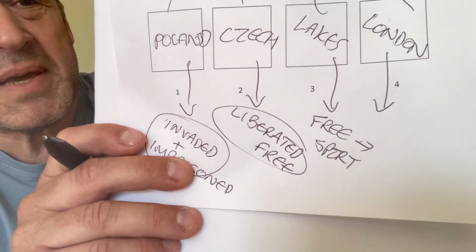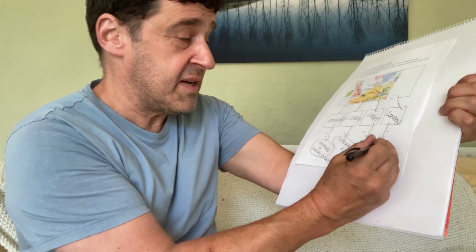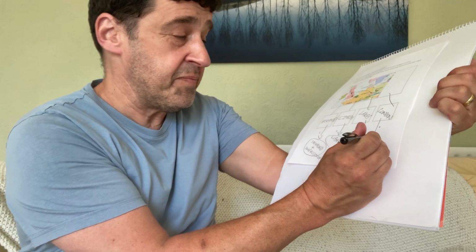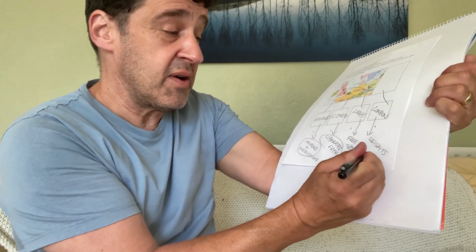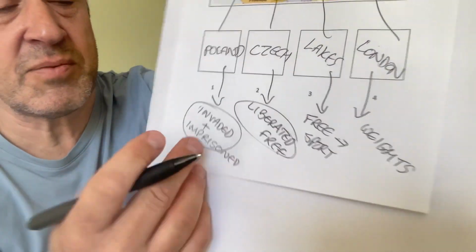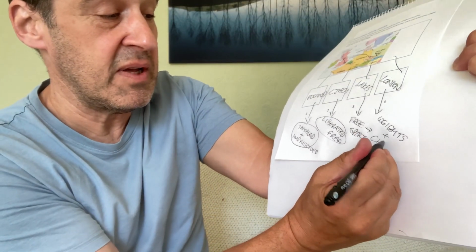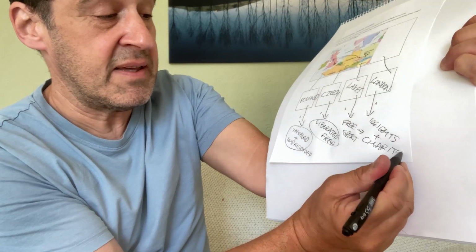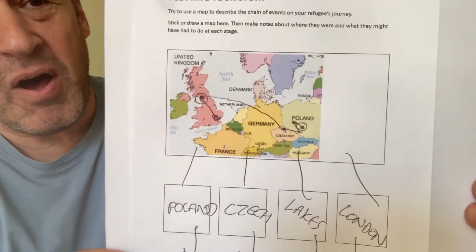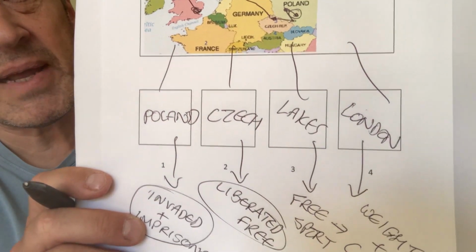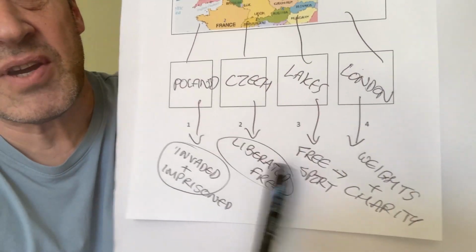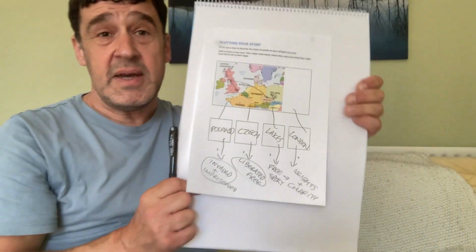He got into sport, and then he moved to London, where, and I need to check this because I'm not 100% sure, he got into weightlifting. As well as weightlifting, he got into charitable work with refugees. So can you see how I've got a map, the four places he went, and the key transitional plot point at each point in his life? I've plotted my story.